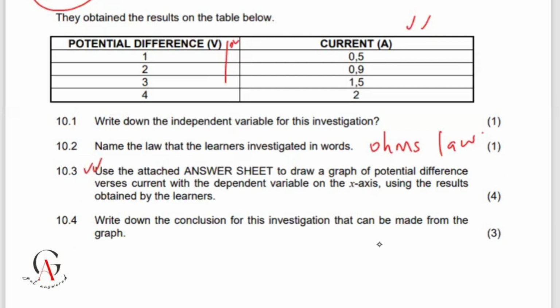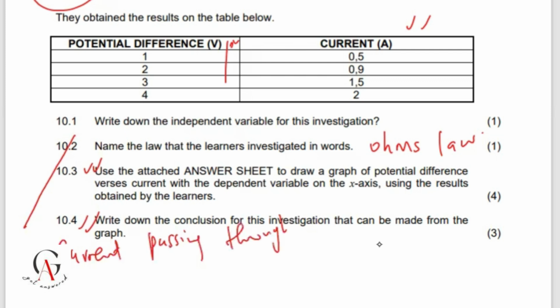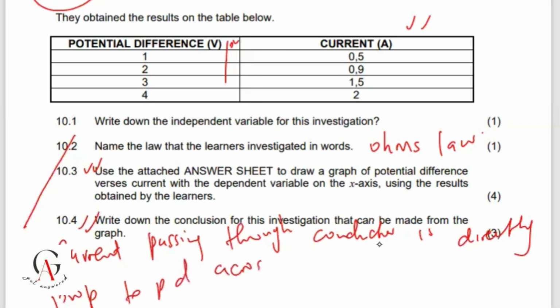What conclusion can we write? The conclusion in this case, since it's Ohm's law and the graph that we drew is a straight line, we can state Ohm's law and say that the current that is passing through a conductor is directly proportional to the potential difference across the conductor if the temperature is constant.